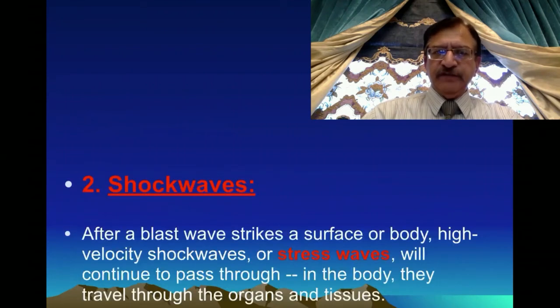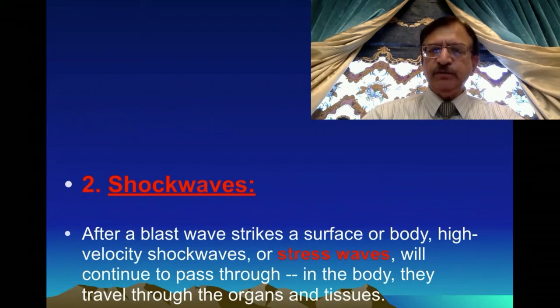Then the shock waves. After a blast wave strikes a surface or a body, high velocity shock waves or stress waves will continue to pass through the human body, and they will travel through the organs and the tissues, and these organs and tissues get energized, and they also start traveling in the direction of the shock waves, and the organs may be amputated from their attachments.